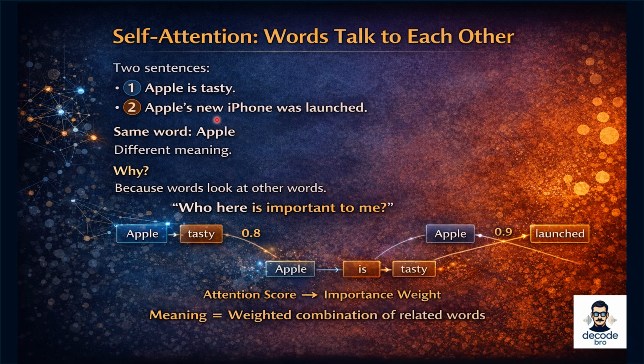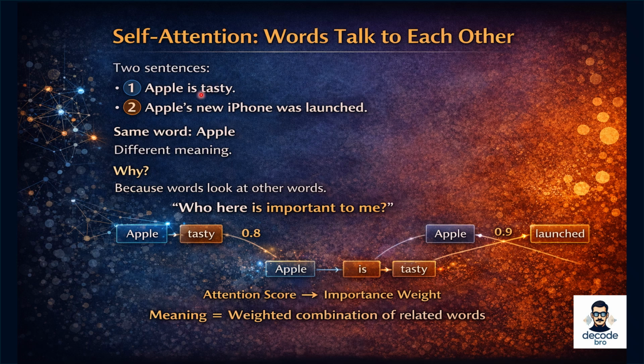This is exactly what self-attention does. Every word looks at all the other words in the sentence and it asks, who here is important to me? The model calculates something called a self-attention score. Higher score means stronger influence. So in Apple is tasty, Apple pays more attention to tasty.